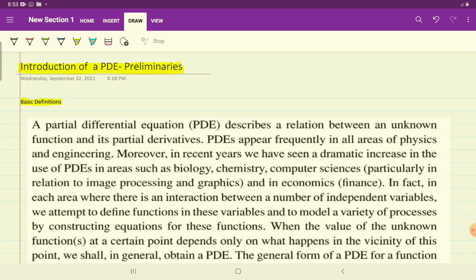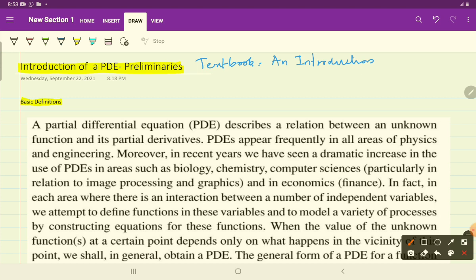The two modules are based on the textbook An Introduction to Partial Differential Equations by the authors Yehuda Pinchover and Jacob Rubinstein.